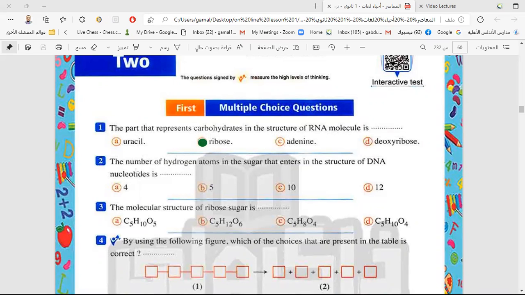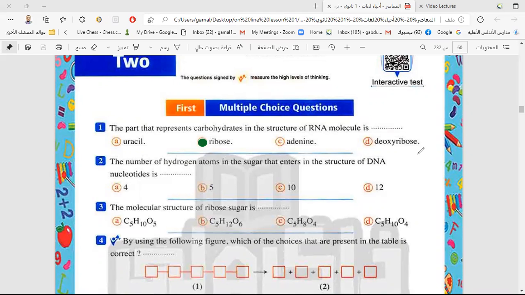Now number two: the number of hydrogen atoms in the sugar that enters the structure of DNA. We remember that it is a pentose sugar. The chemical formula we know is C6H12O6, but this is the glucose.